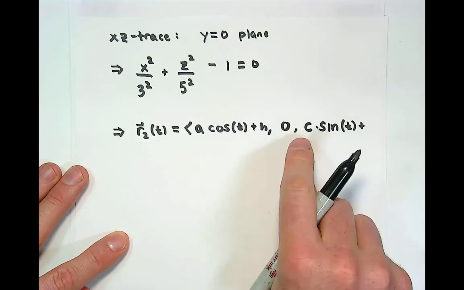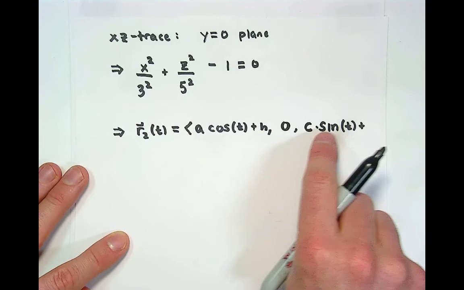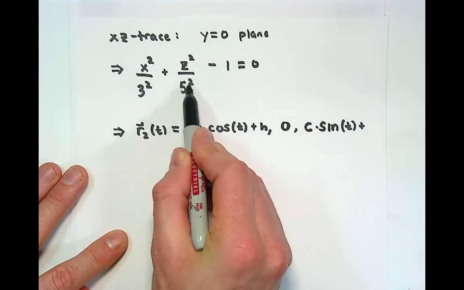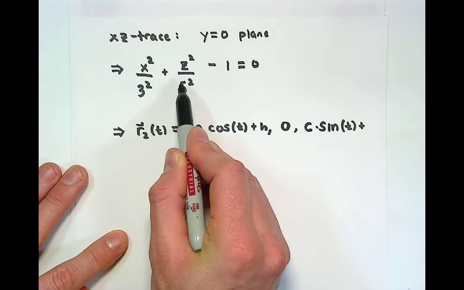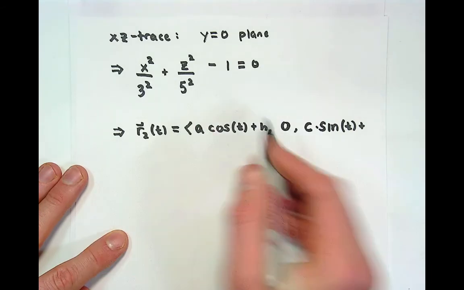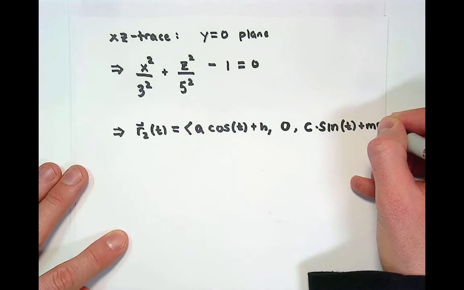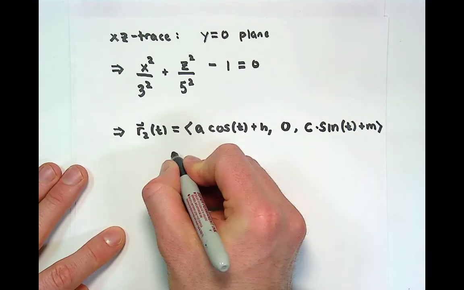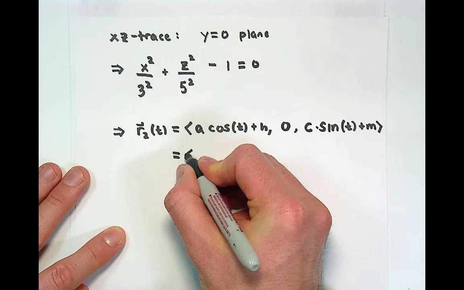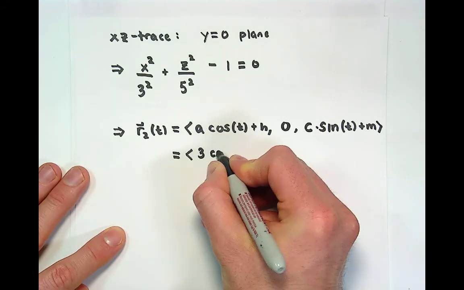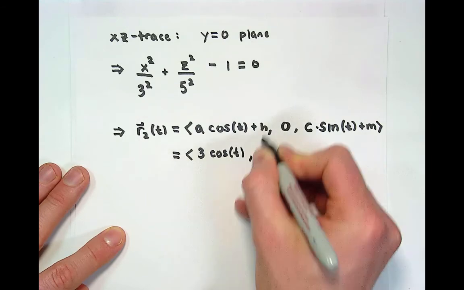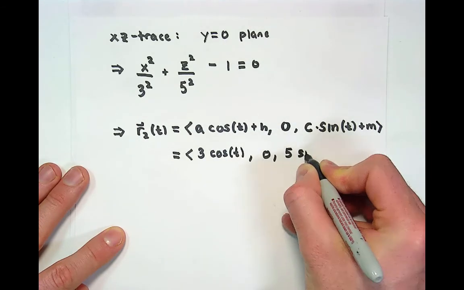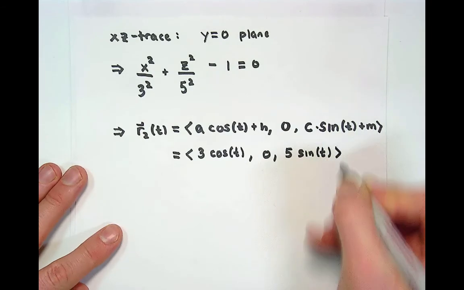So in this case, instead of b times sine of t plus k, we would have c, the length of the z semi-axis, and then we would shift it by m, which is the center point along z. Of course, we can do this specifically for these values. So this would be 3 cosine of t. This is centered at 0, so we have no shift. And this would be 5 sine of t.